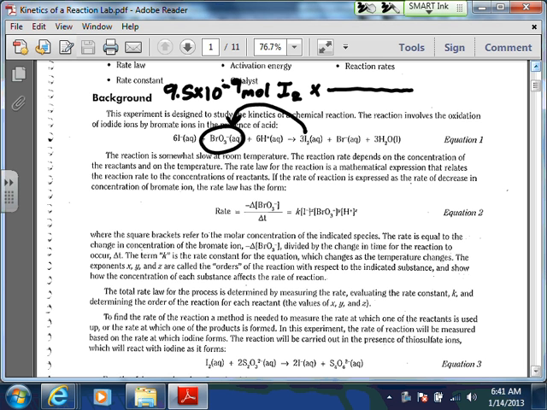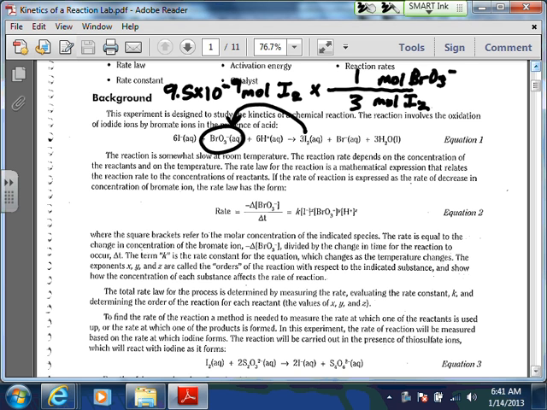Okay, and so I'm going to do my mole ratio of I2 to BrO3 minus, and for every 1 mole of BrO3 minus, I form 3 moles of I2.